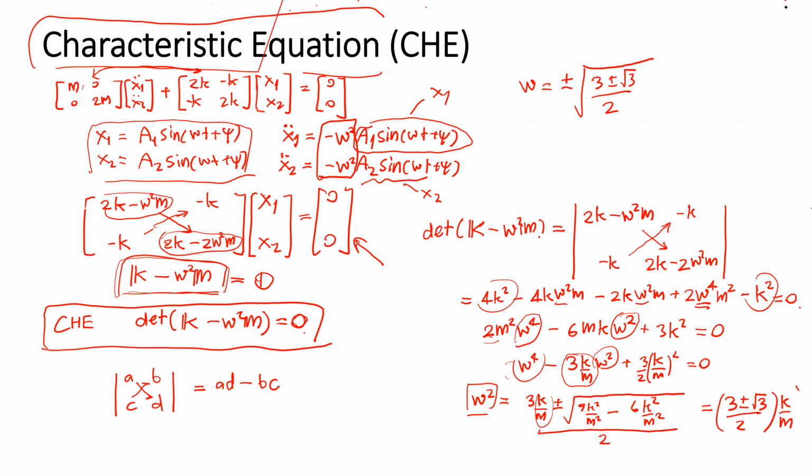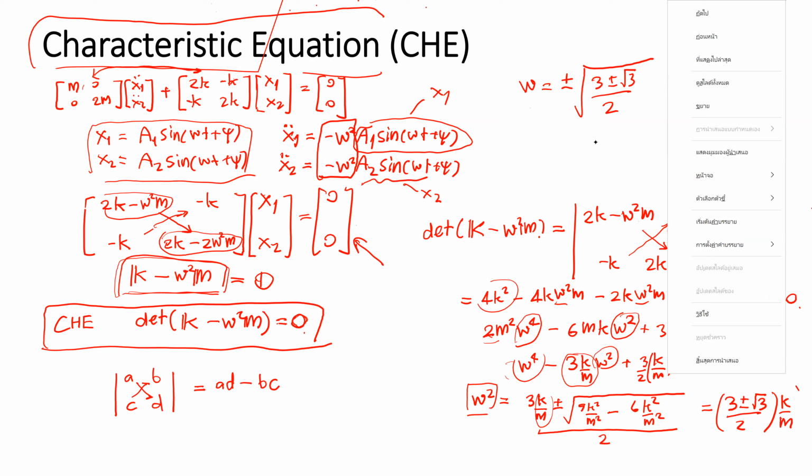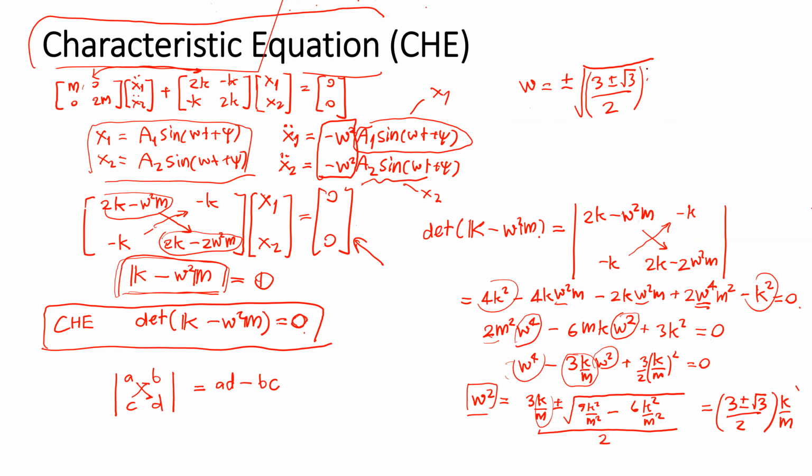So omega can be the square root of 3 plus square root 3 per 2 of k divided by m. Oh, I'm sorry, this can be just the first one. And the second one of the omega can be the square root of 3 minus square root 3 per 2 of k divided by m.